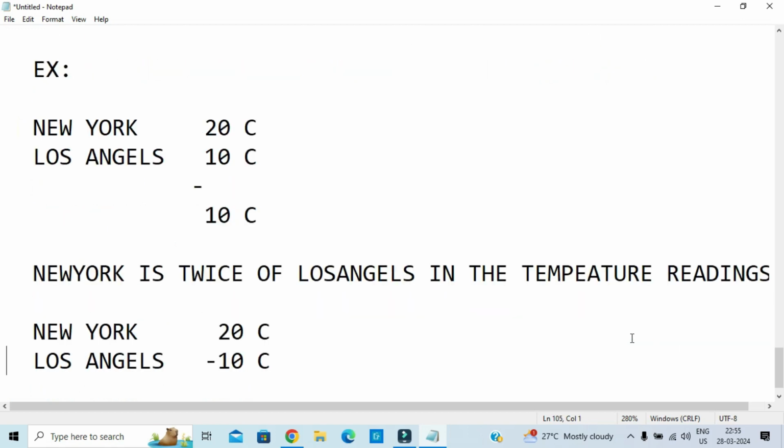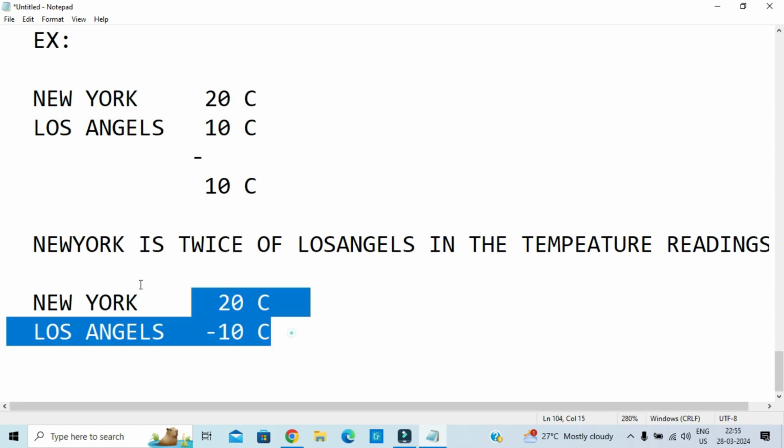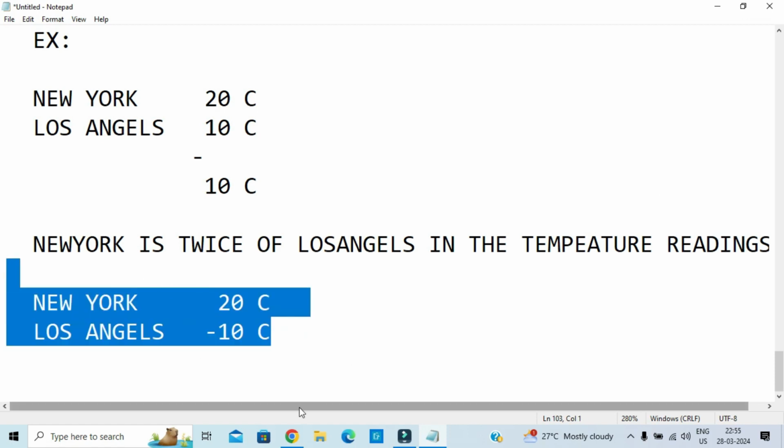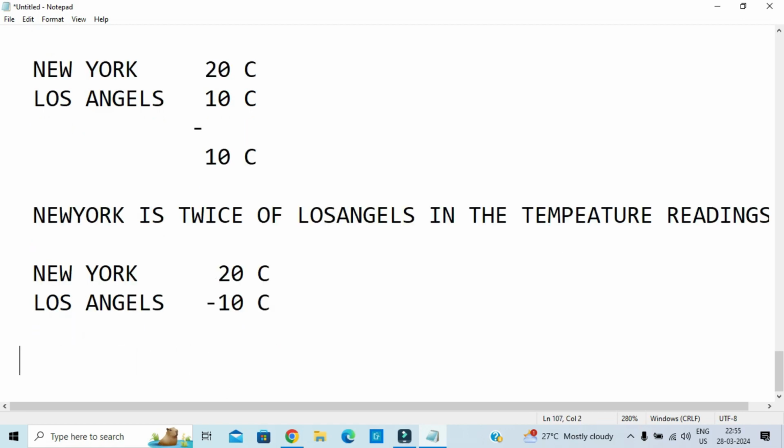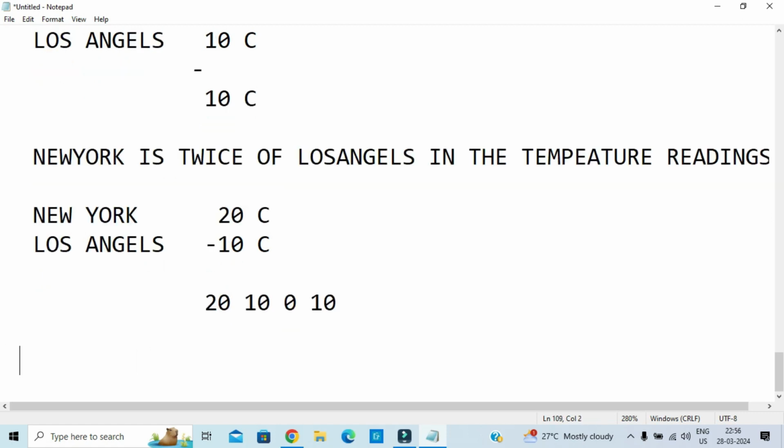But in this case you can't say that. What's the difference here? People used to think that the difference is 10, but it's not actually 10. The scale of the temperature is represented in this format: minus 10, 0, 10, 20. Here the actual difference between New York and Los Angeles is 30 degrees.